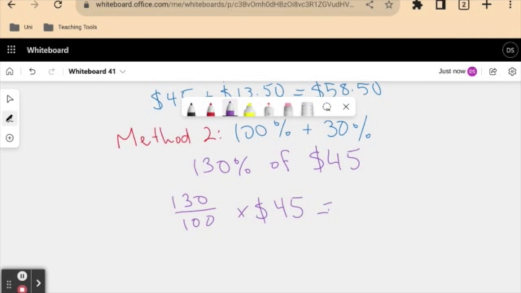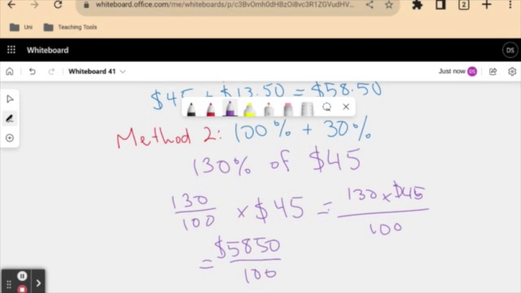And when we do that, we will get, once we multiply the numerator by this quantity and do it over 100, I keep forgetting my dollar signs here, but we will get 5,850 over 100.